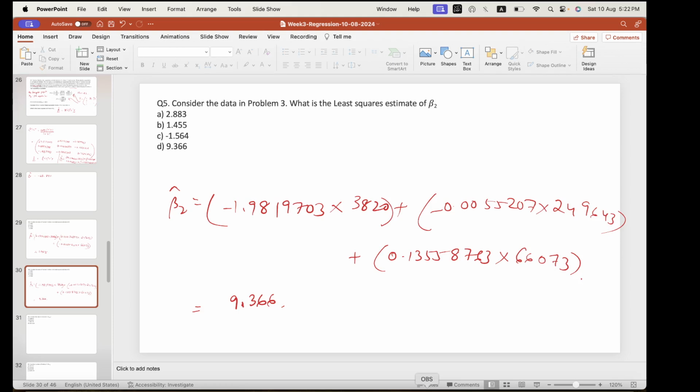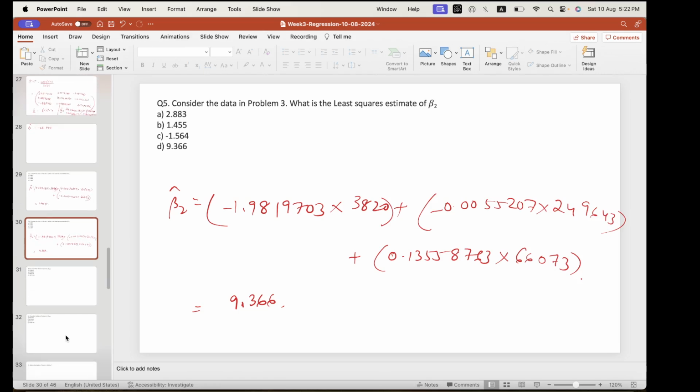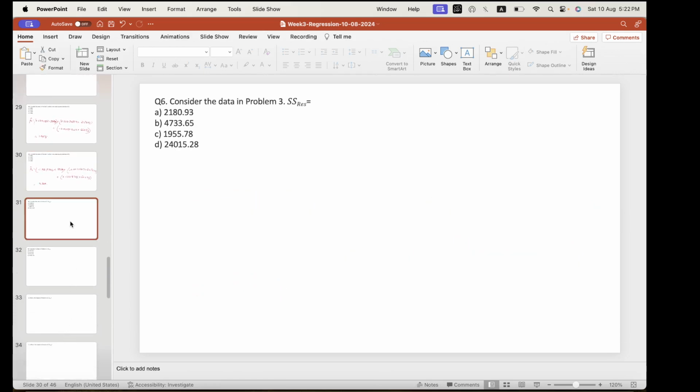Now that we have this, let's move on to the next question. This question says we have to calculate SS due to residuals. Now SS due to residuals would be how much? This is actually y transpose y minus beta hat transpose x transpose y. Okay, so now here what do we have?